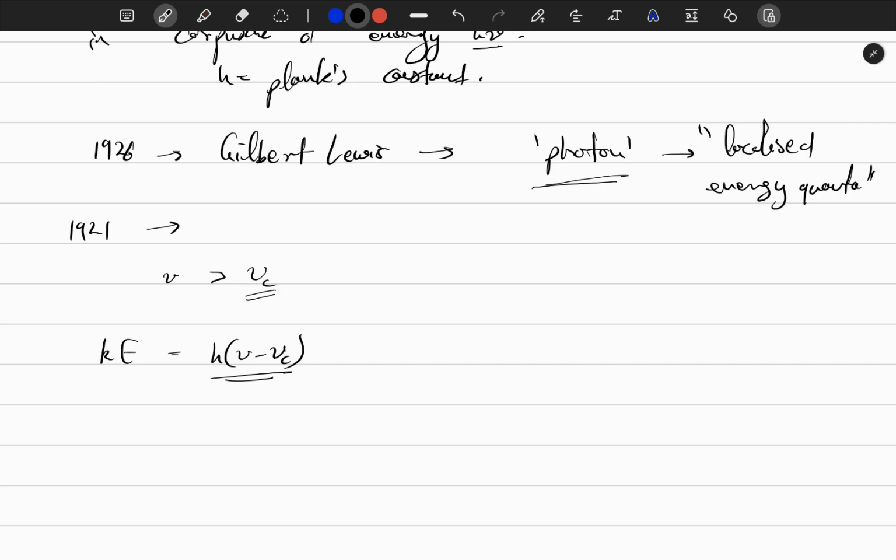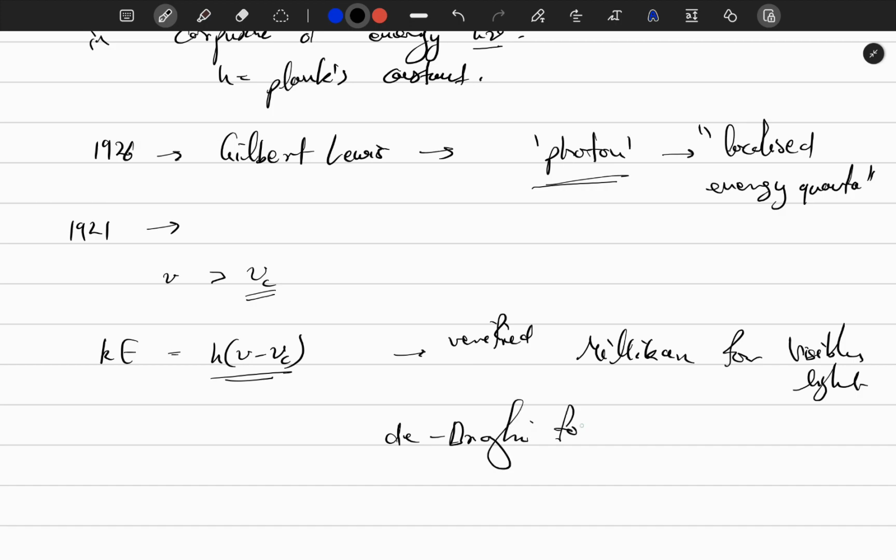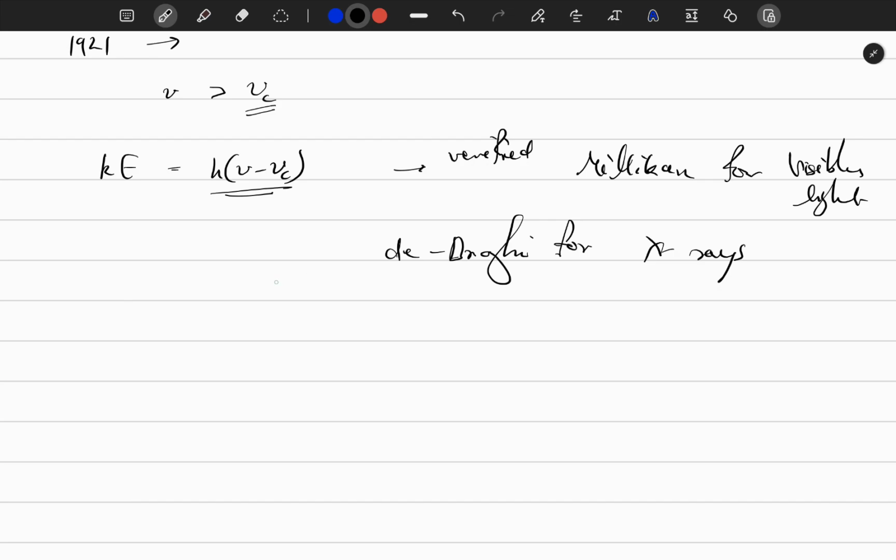This was later verified by Millikan for visible light, then by de Broglie for X-rays, and then by Thibaud and Ellis for gamma rays.